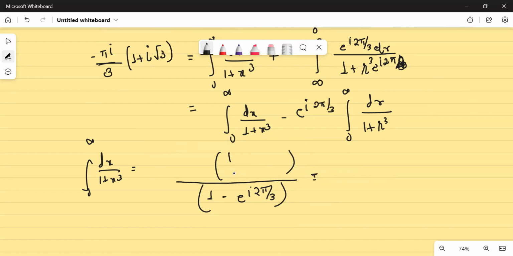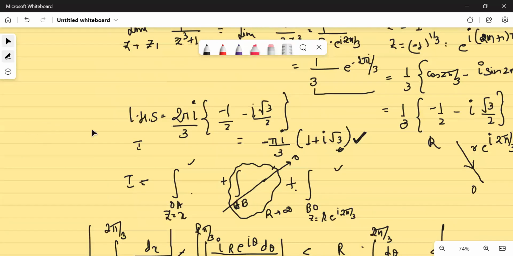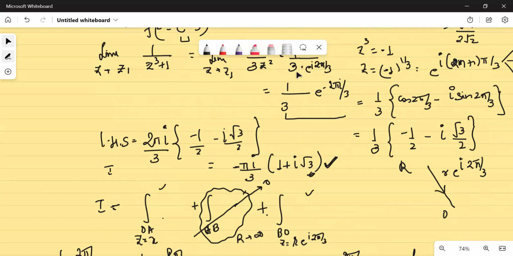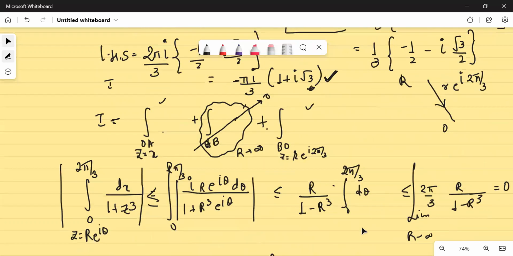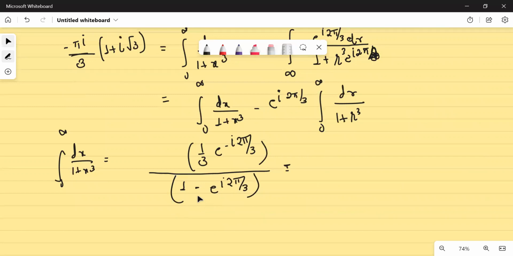So I'll simply write 1 upon 3 e to power minus iota to power 3. Simply this only, because it's not a good idea to solve it. Although I solved it here, but even if I let it be, I have certain things that I can do here.